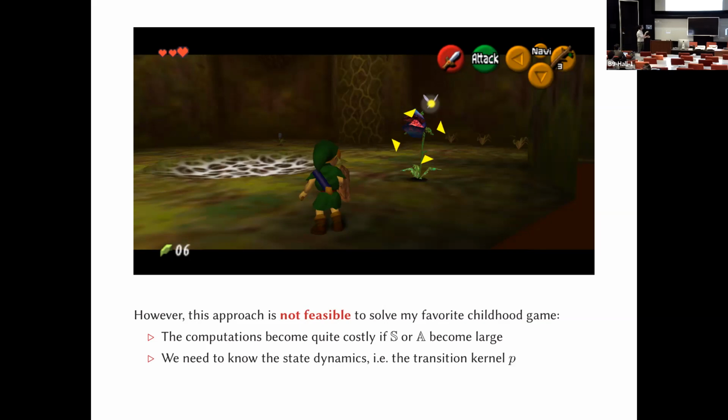And of course, here, I would never be able to write down the correct transition kernel, because I don't know how this game was programmed. So I still can't do it. I need more. And that's what we will do in the second part, which is about to start right away.